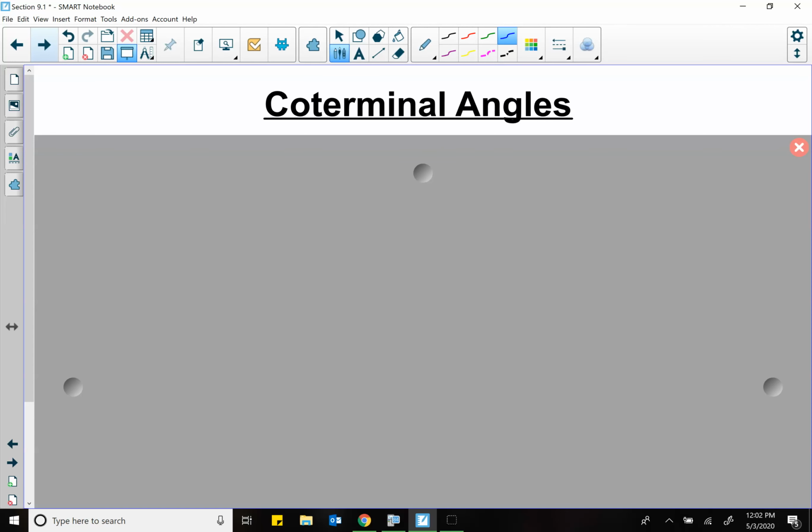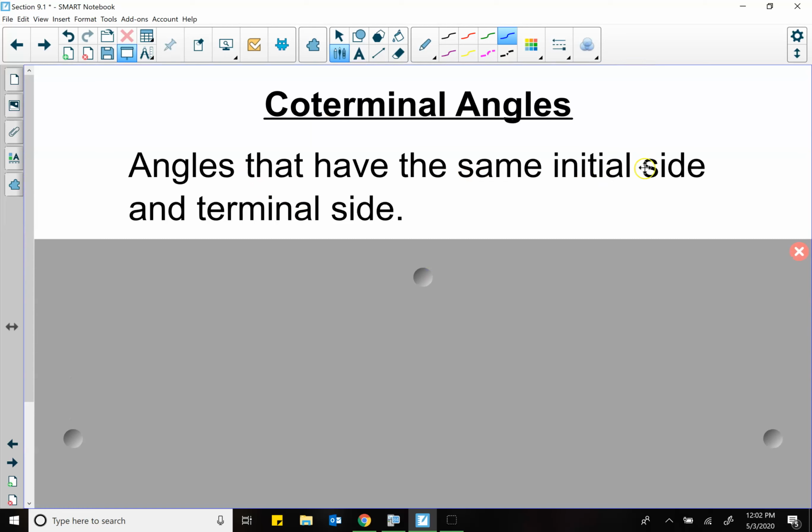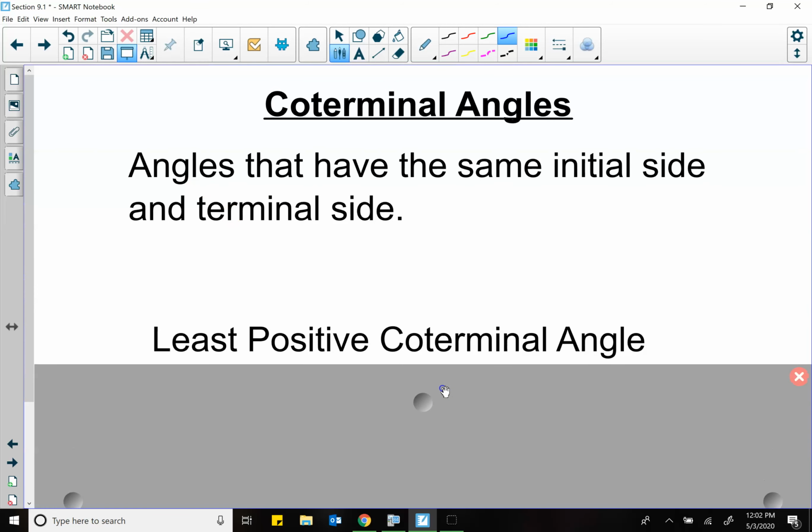He just went around 360 degrees so many times. So coterminal is exactly what I just said: angles that have the same initial side and terminal side. In other words, what's going on is we are adding and subtracting 360 each time, whatever your angle is.